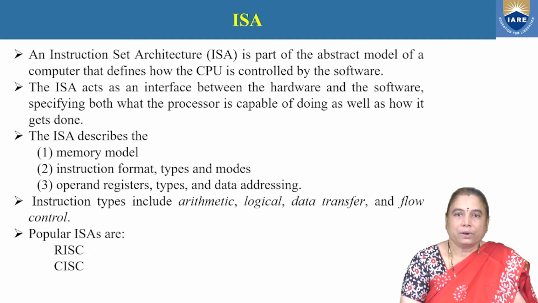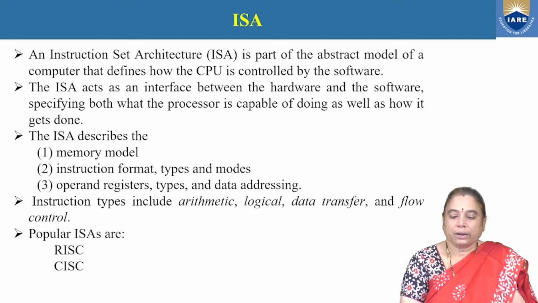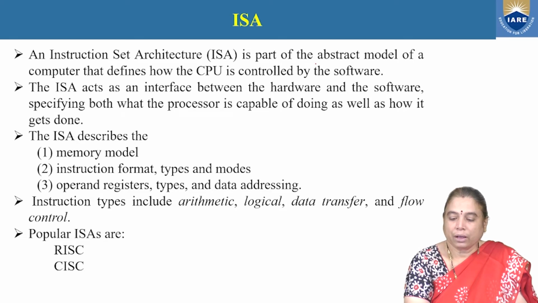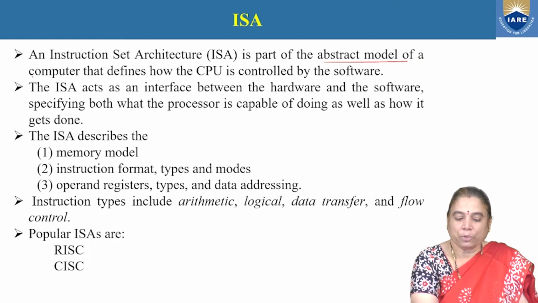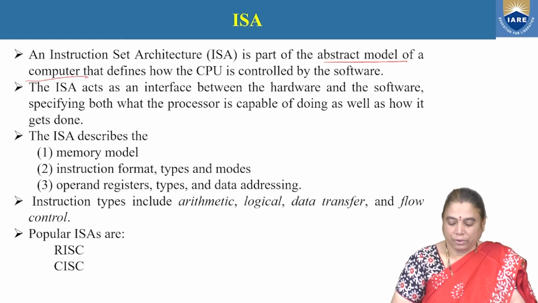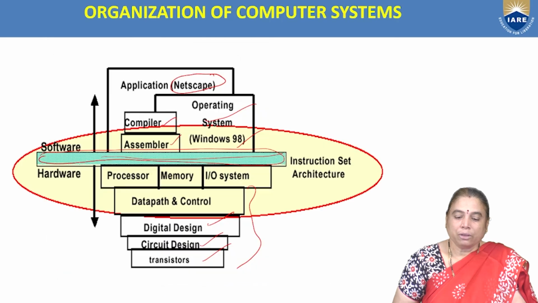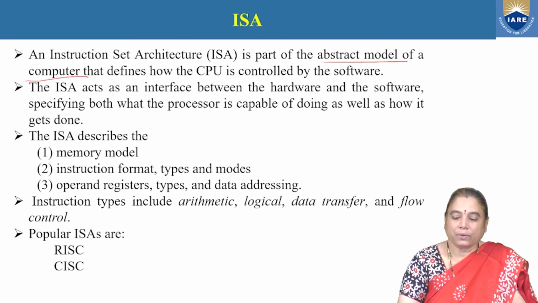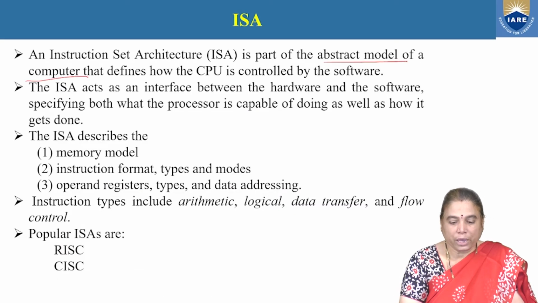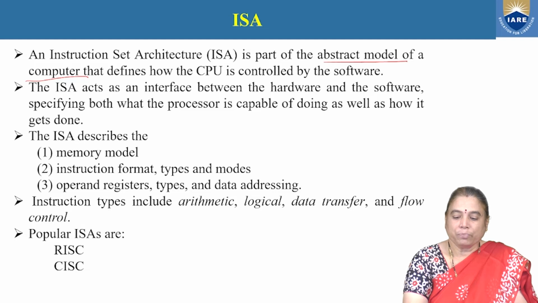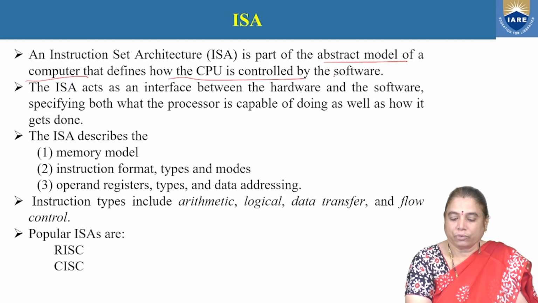Now we can define what is instruction set architecture. An instruction set architecture is part of the abstract model of a computer. Just now we discussed the various layers of abstraction. So ISA is a part of the abstract model of the computer that defines how the CPU is controlled by the software.